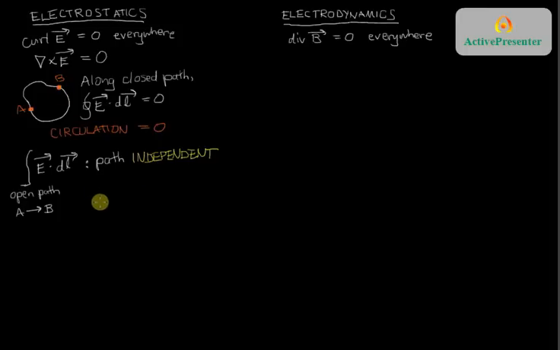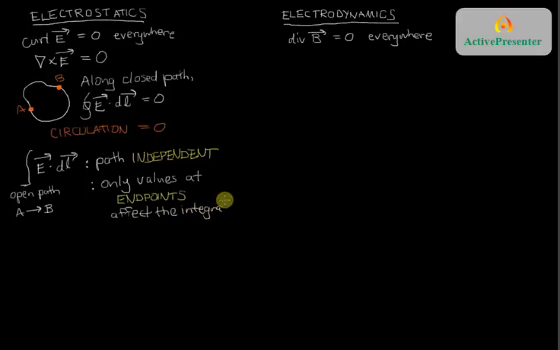What are some other ways of thinking about how we'd write that? We could say that only values at the endpoints affect the integral.